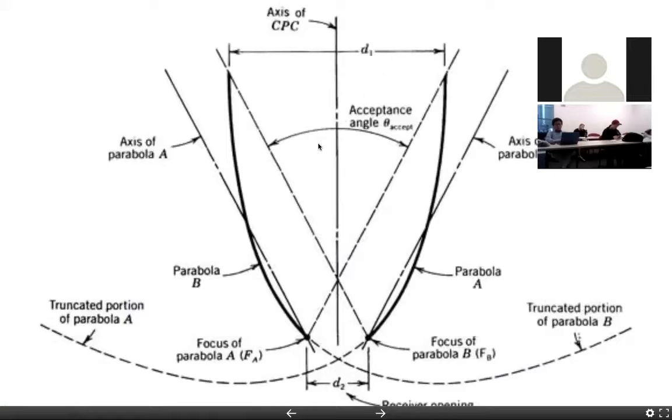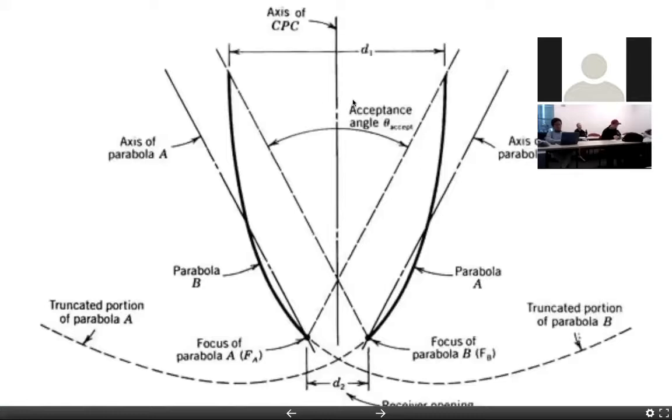So all the rays which come this way end up focused at this point. Now you can see if I have these two parabolae, any rays that come into the system will always end up at this point or this point, as long as they're coming at an angle that is parallel to this axis or this axis.